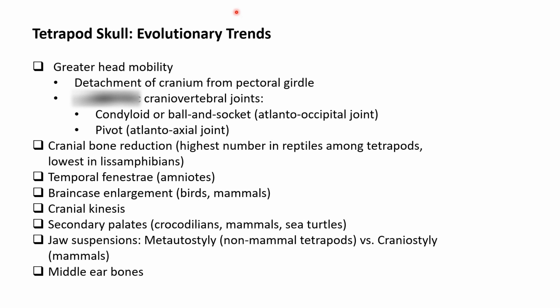We'll also take a look at the existence of mobile joints in the skull, called cranial kinesis, and their functional advantages. Some tetrapods also independently evolved a secondary palate that separates the nasal and oral cavities. So we'll take a look at their functional advantages as well. The last two, the jaw suspensions and middle ear bones, are modifications of the splanchnocranium, so we'll reserve them for last.